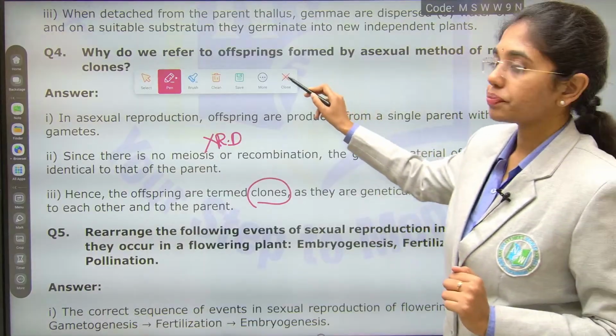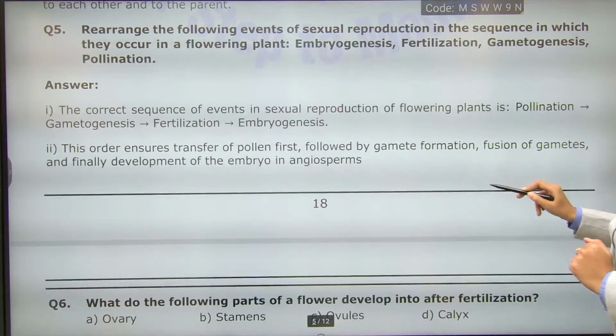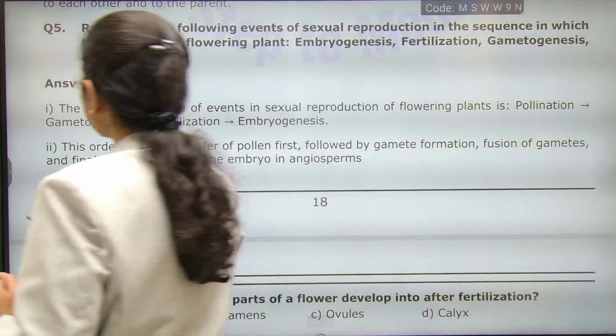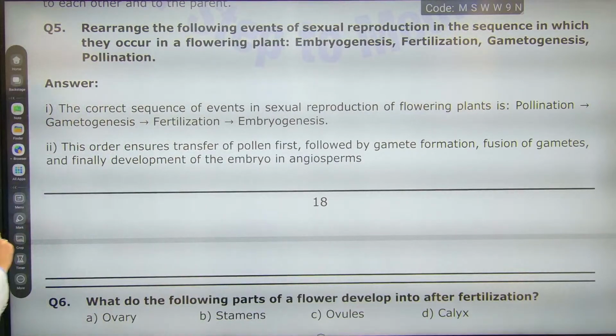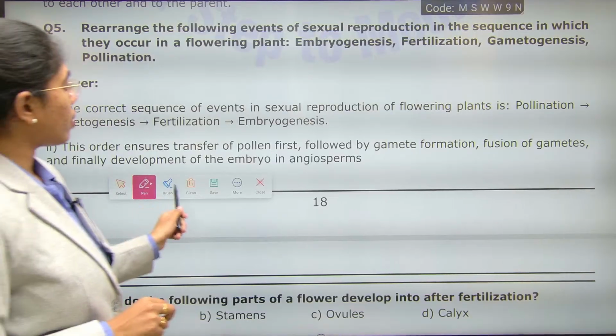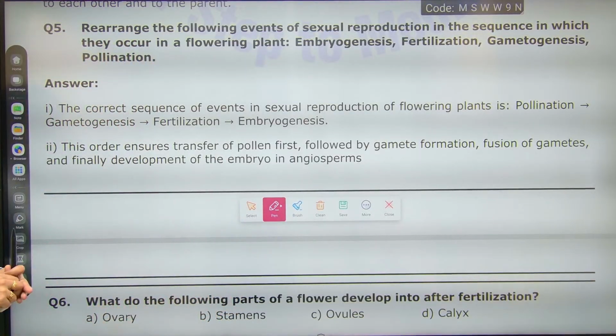Next, the following events of sexual reproduction, in the sequence in which they occur in flowering plants: embryogenesis, fertilization, gametogenesis and pollination.